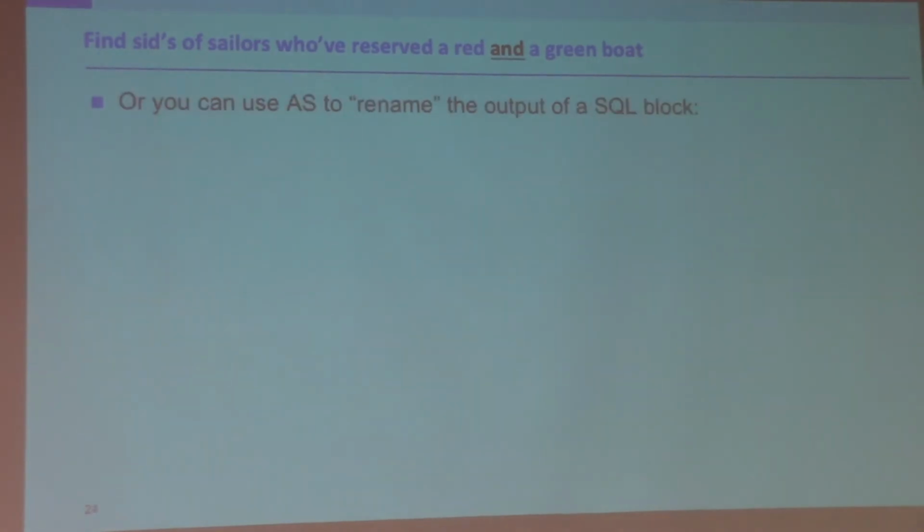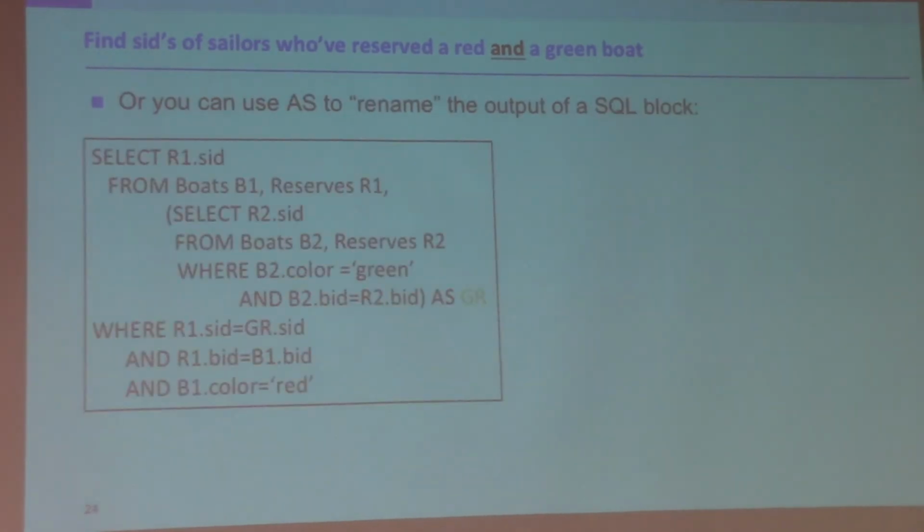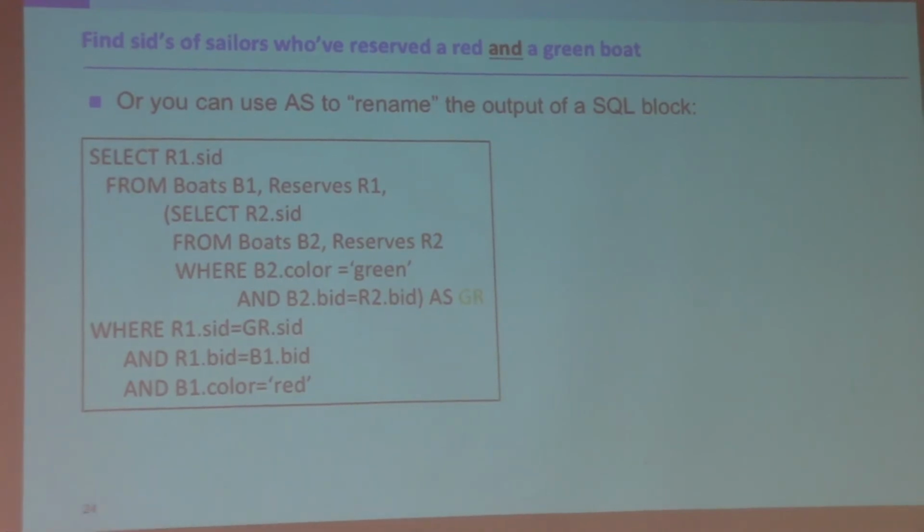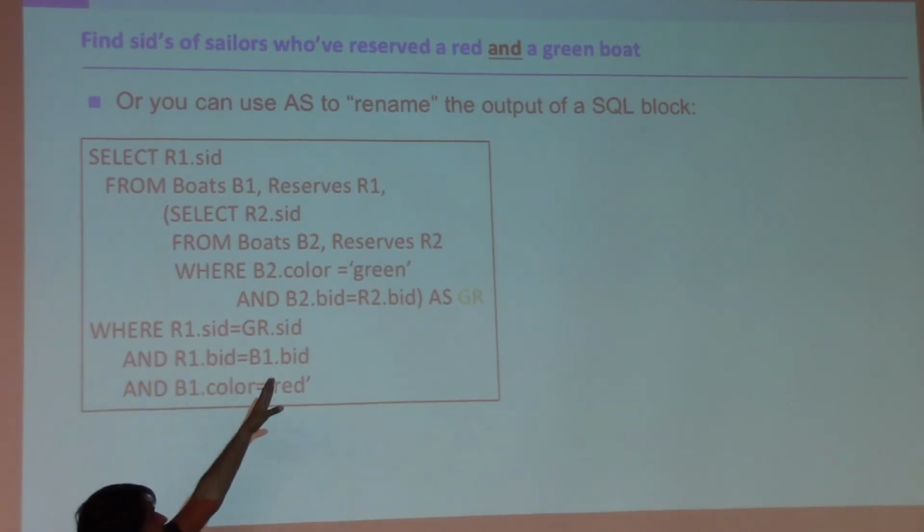Okay? Can I do this like this? Select R2.SID from Boats 2, Reserves 2, and just select the green ones as green. This is much simpler, right? Yes, thinking wise. So this is the part of this block.